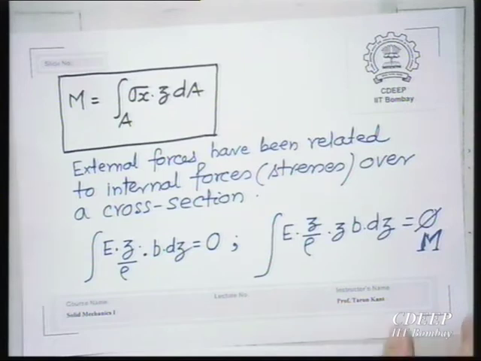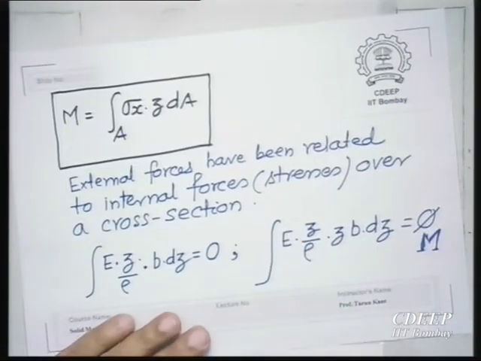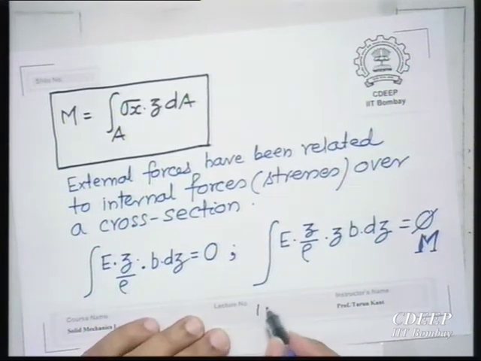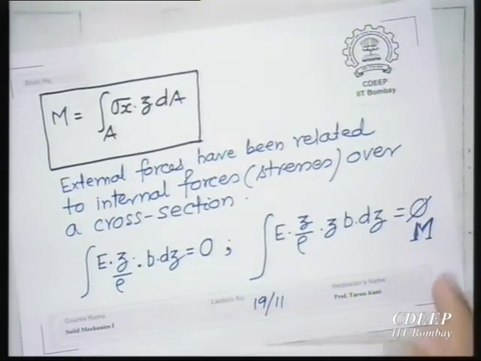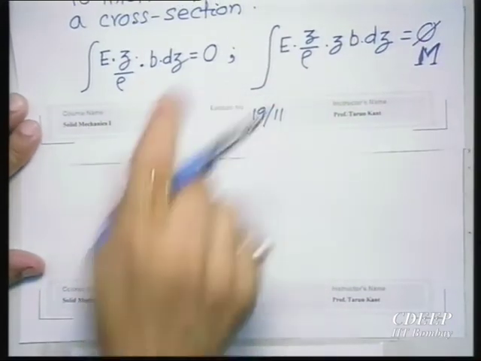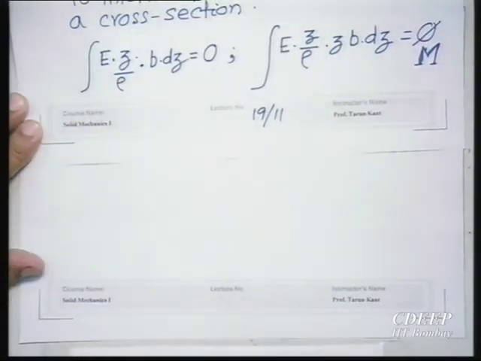Here we are getting from the first relation. Here E and rho are constant.